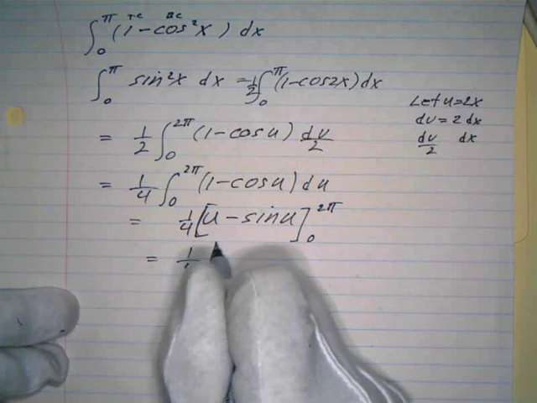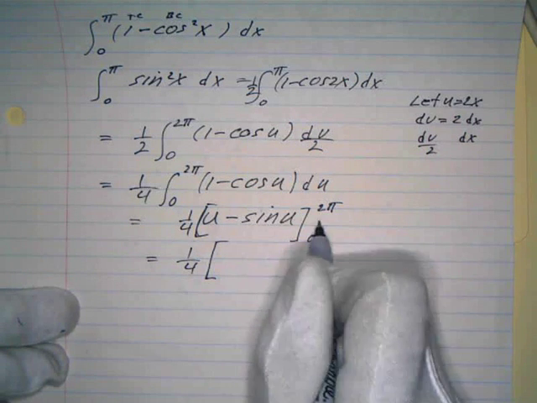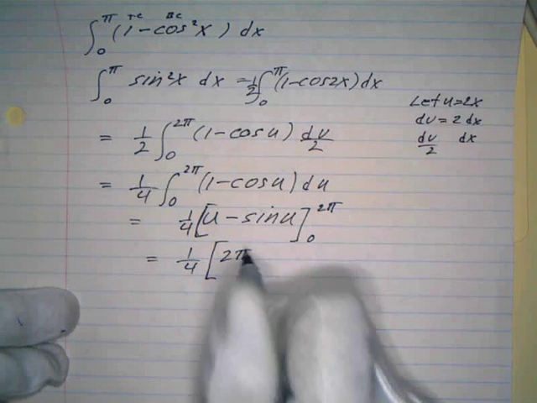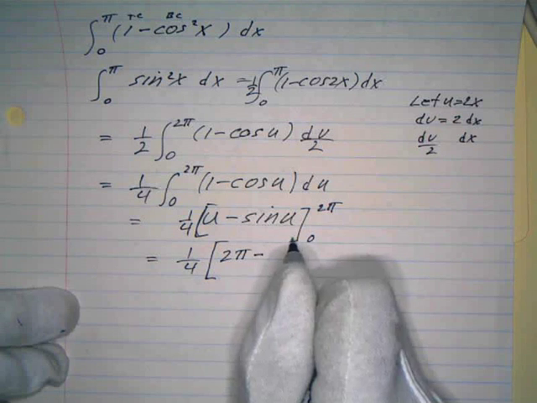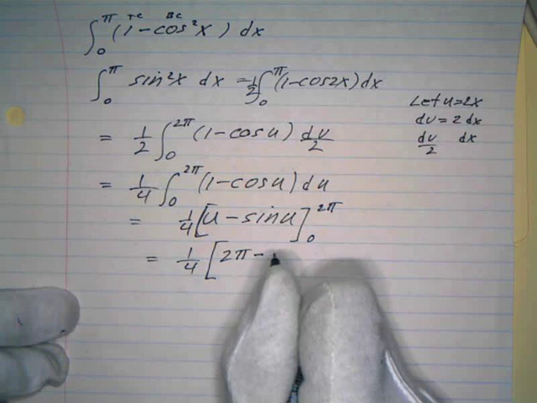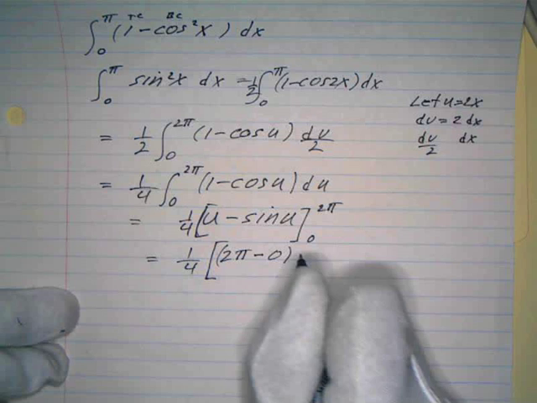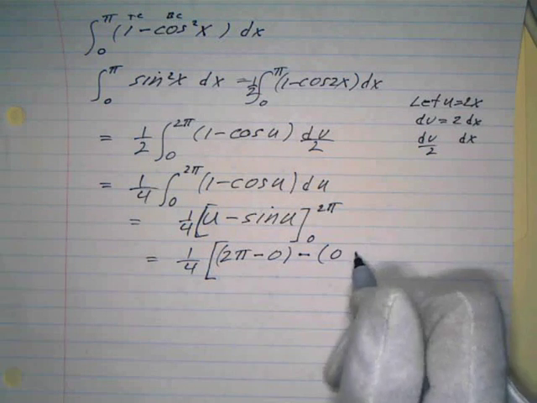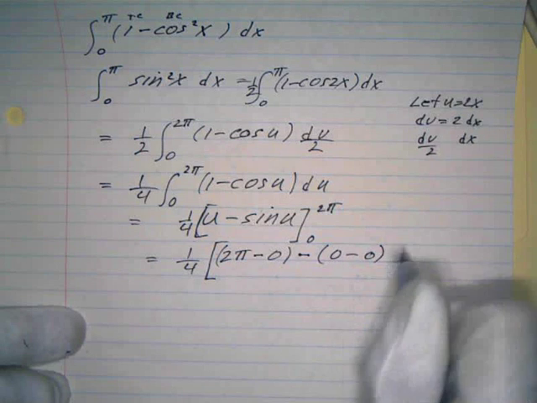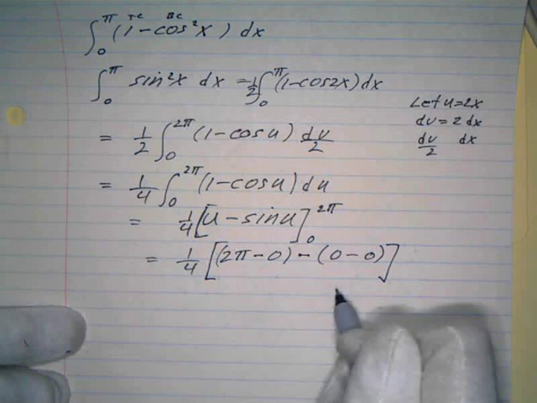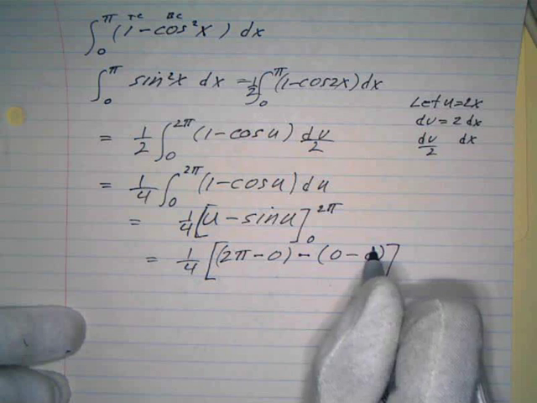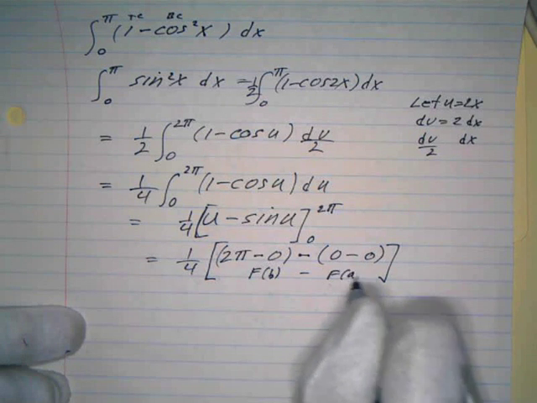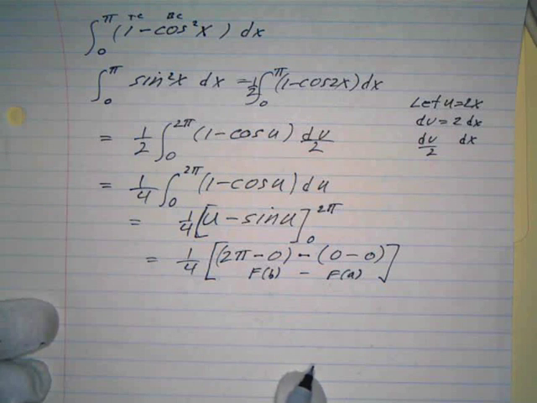So this is going to be u, which is 2 pi, minus the sine of 2 pi, which is 0, and minus, and this would be 0, minus the sine of 0 is 0, so that's not too bad. And remember, this is my f of b minus f of a, the fundamental theorem of calculus.